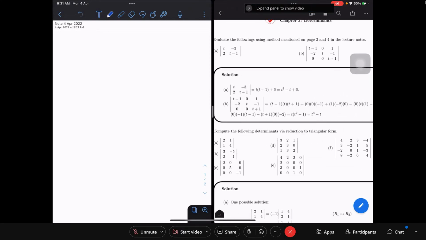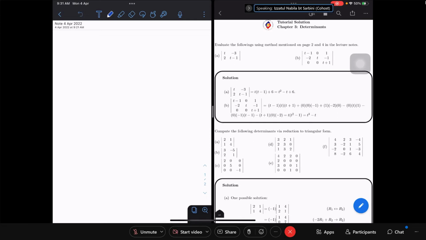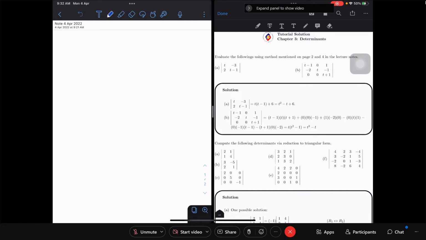So this is the answer. Basically, for 2 by 2, you just need to cross multiply, and then minus the other product.